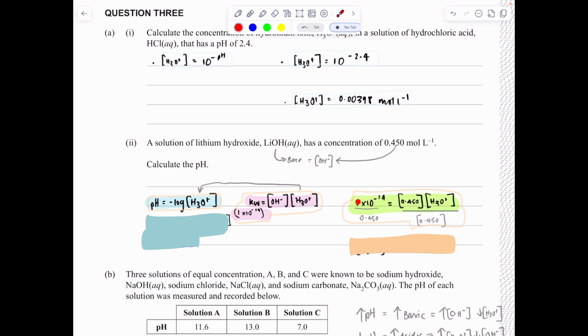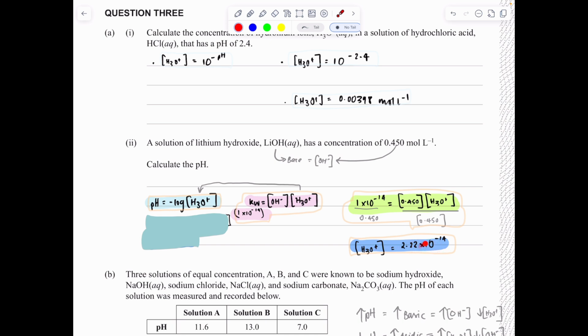So over here I've got Kw equals the OH- concentration from the question times H3O+. This is what we want to figure out. So to rearrange to get H3O+ all by itself, I have to divide this whole side by 0.450, cancel it out, and that means I have to do the same on the other side, and then I will be able to work out my H3O+ concentration.